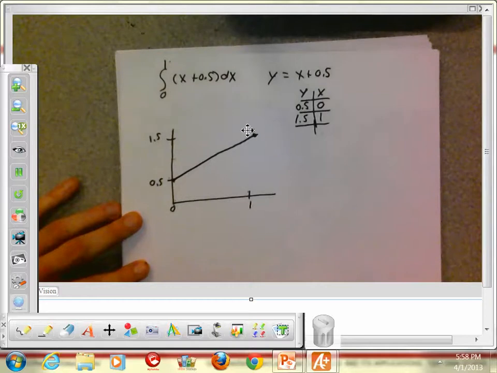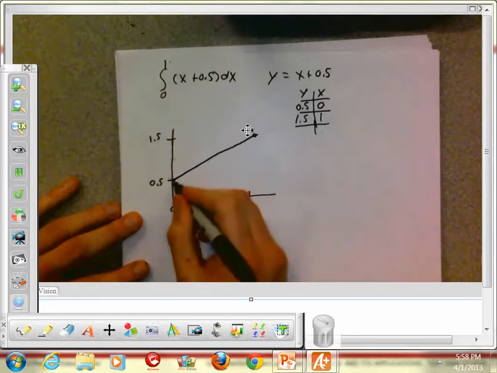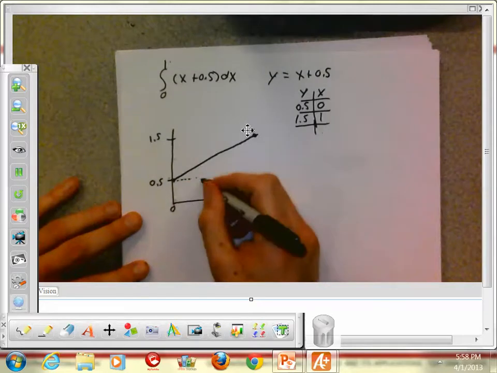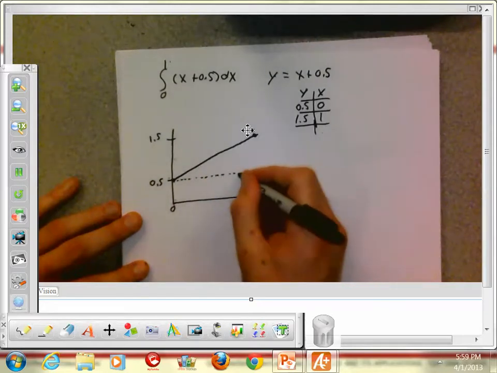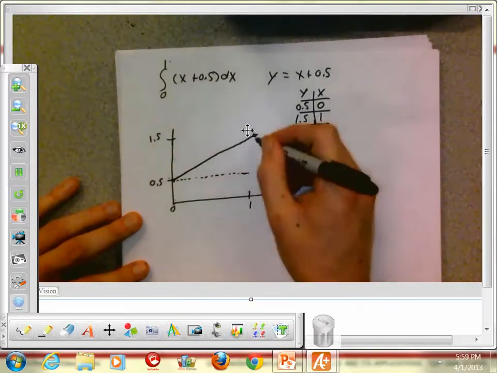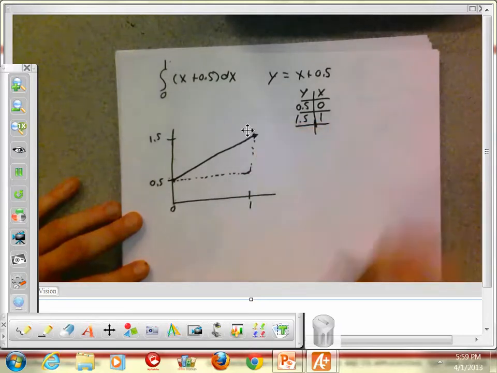And to find the area under here, you're going to notice that if we start at 0.5 and we just draw a line straight across till we get to 1 and stop, this region is going to be a triangle.